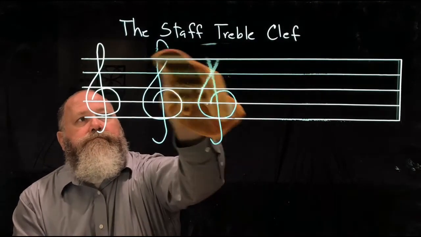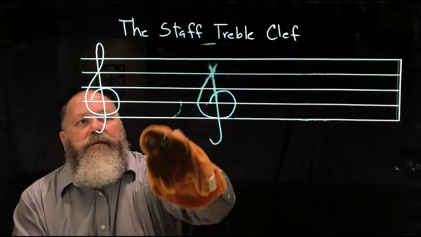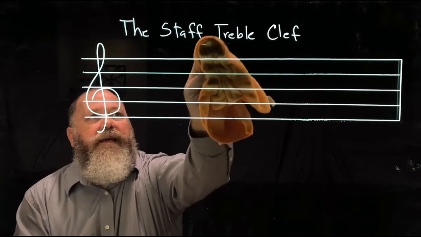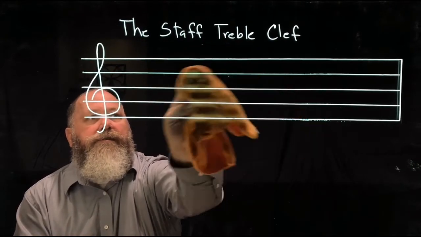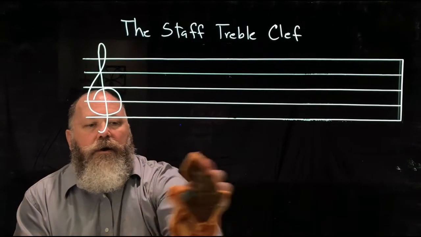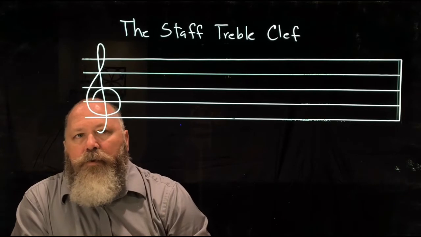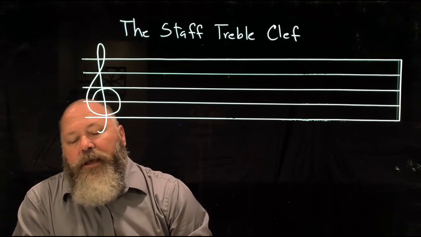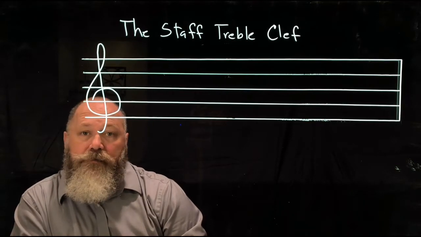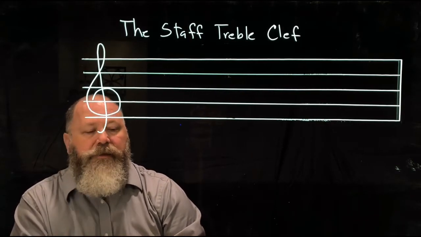Now, once we have the treble clef up there, then we know that the lines and spaces will have specific letter names for the notes that appear on that staff. So in elementary school, you probably learned a saying like, every good boy does fine, or every good boy deserves fudge, or empty the garbage before dad flips.